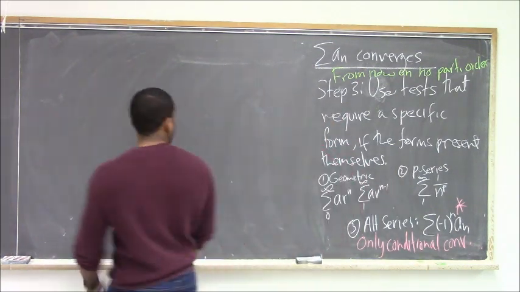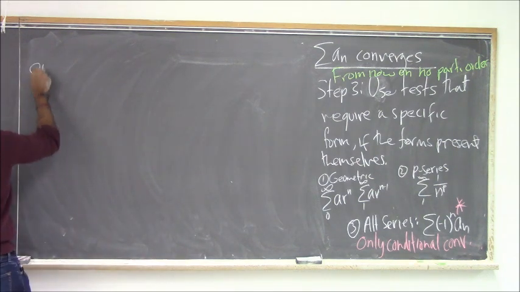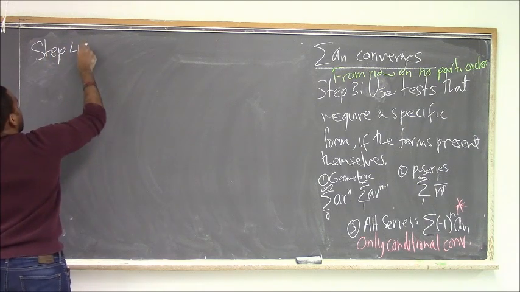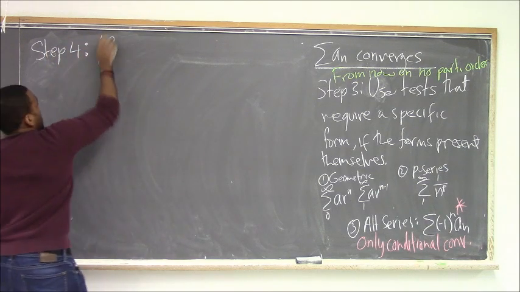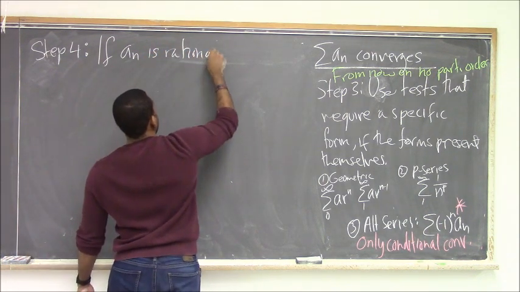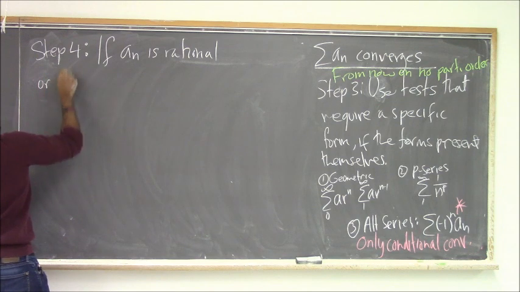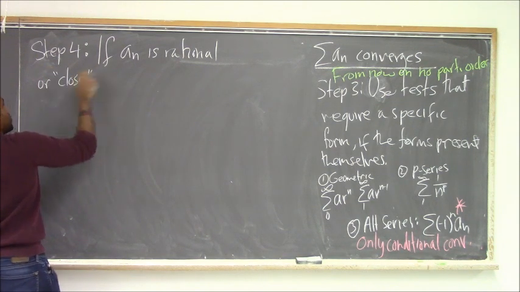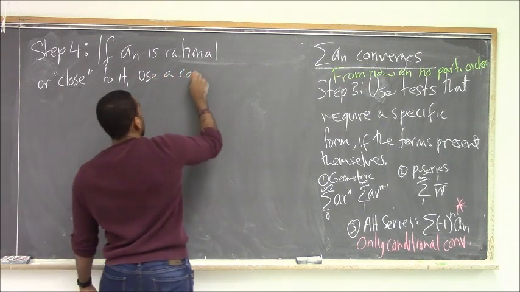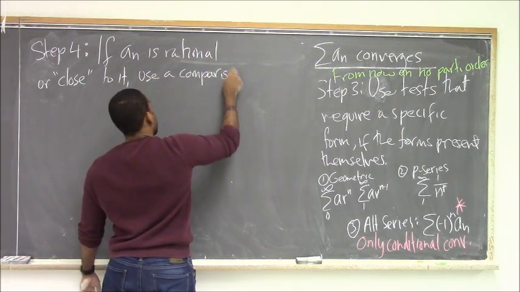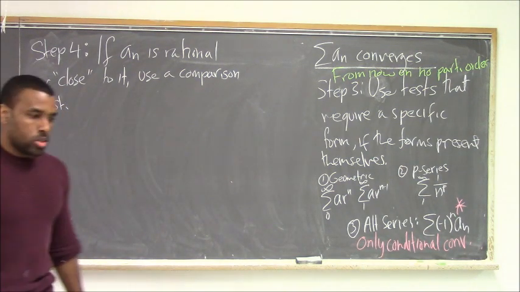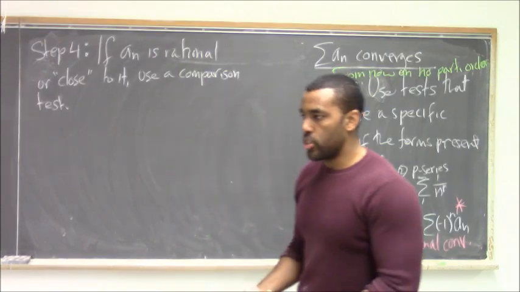Okay, so if a_n is rational, or close to it, use a comparison test. So rational, you know what rational looks like, a ratio of polynomials.